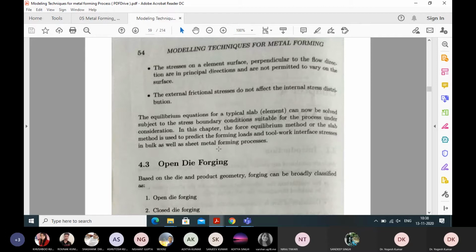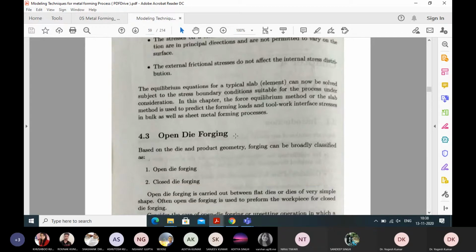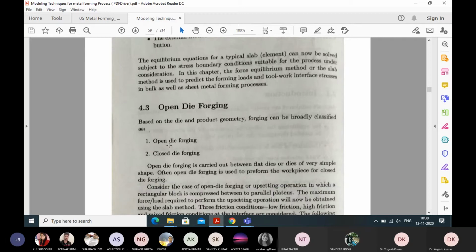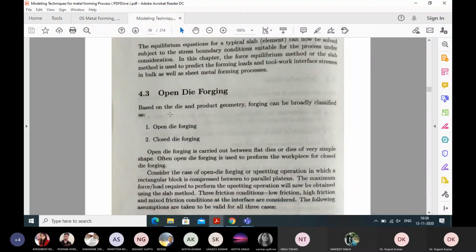But we will selectively discuss only 2-3 processes for one technique. Like for slab method we will discuss open die forging, and if time permits, then I will also discuss the modeling of some more processes. Okay, so let us come to the modeling of the open die forging process.